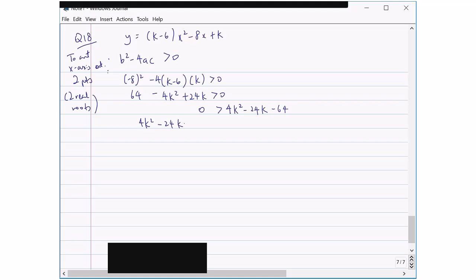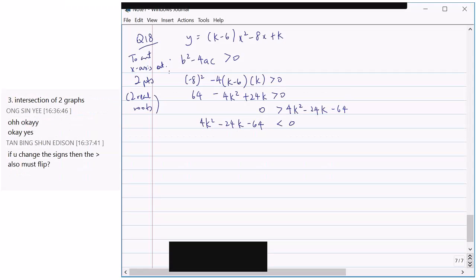Okay, let me just rewrite it so that the left hand side and the right hand side just swap position, just swap only. Edison, when you move, if it's an addition and a subtraction, you do not change the alligator, that jaw sign. Only flip it around when you do a division or multiplication of negative numbers.